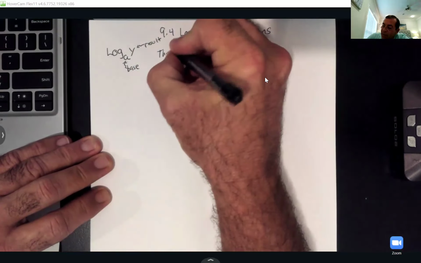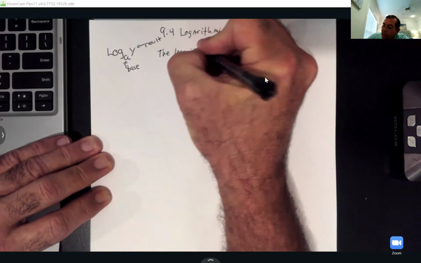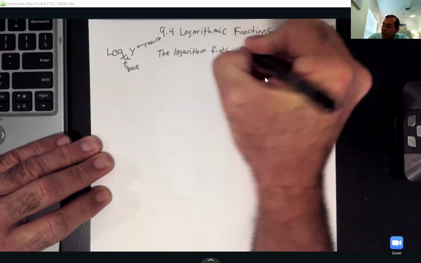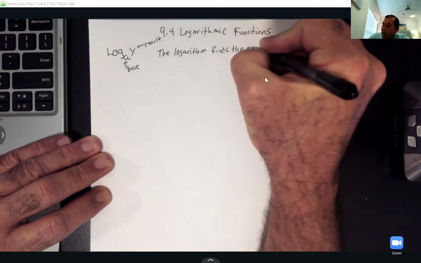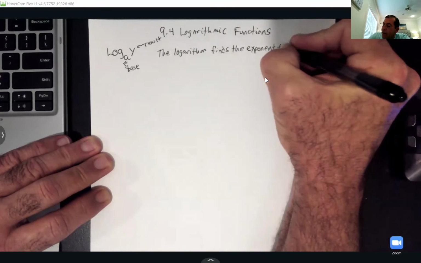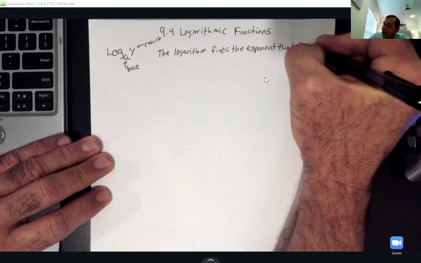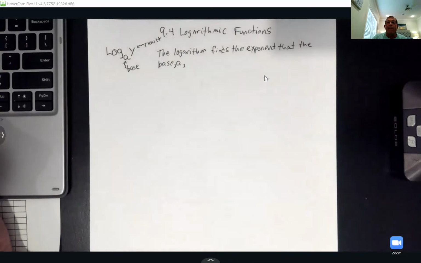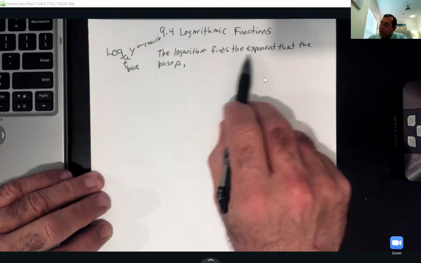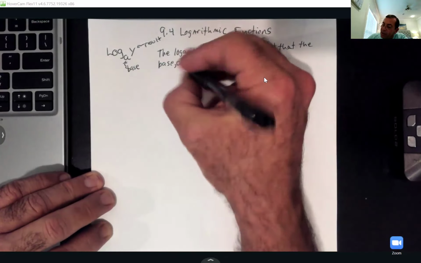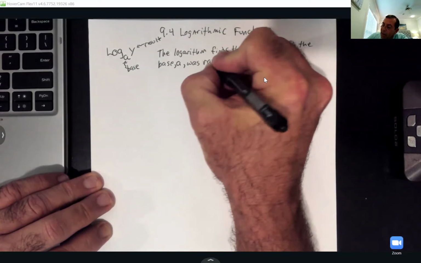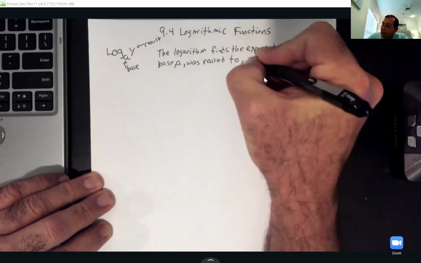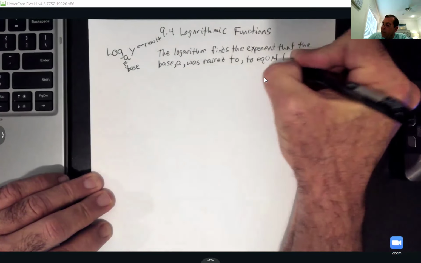So the logarithm finds the exponent that the base A, for my example, was raised to equal the result.